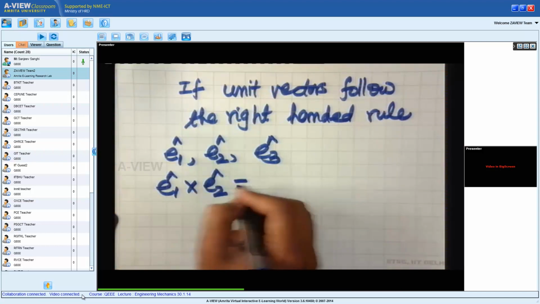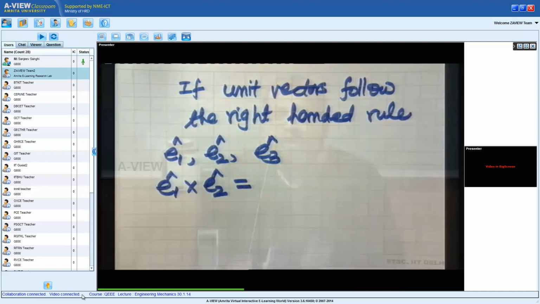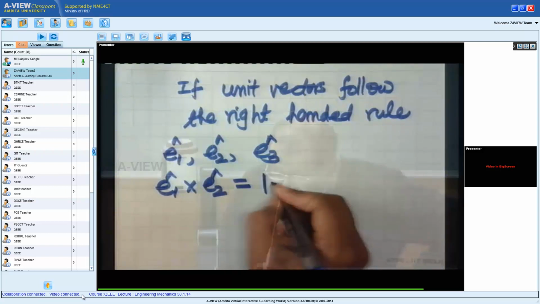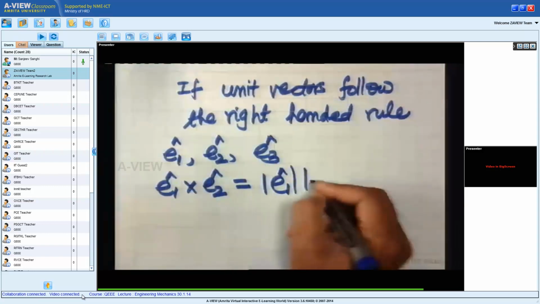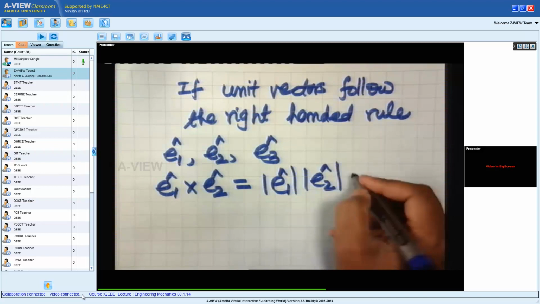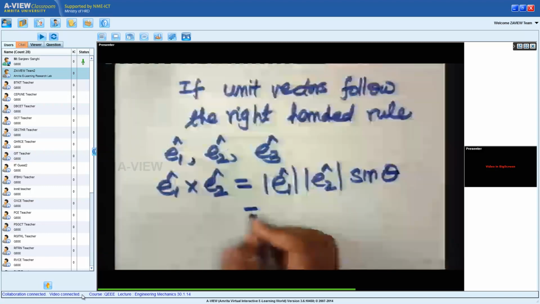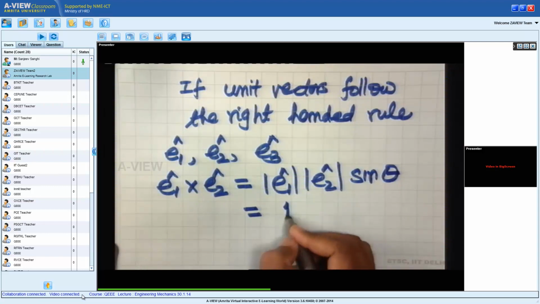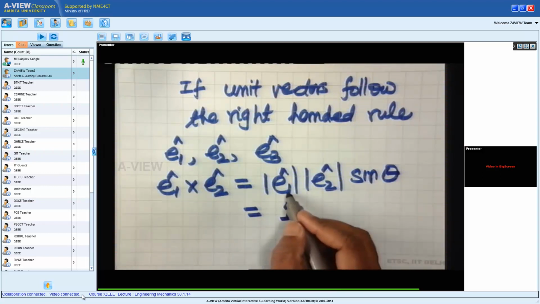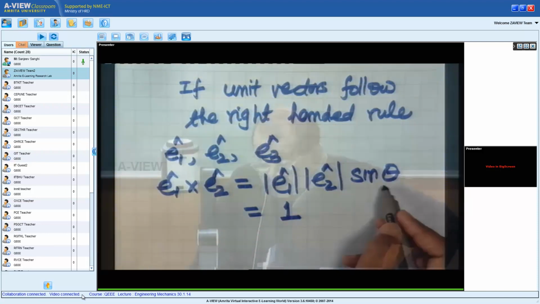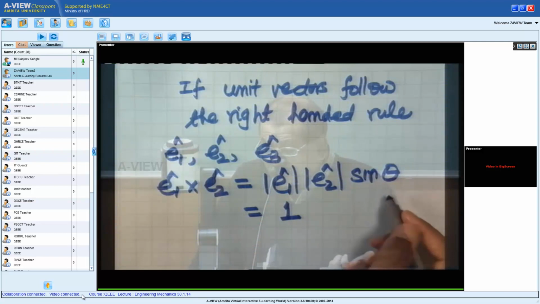E1 cross E2, now the cross product of E1 cross E2 will be magnitude of E1 times magnitude of E2 times sine of the angle between these two. Now, this has to be 1 because magnitude of E1 is 1, it's a unit vector. Magnitude of E2 is 1, it is a unit vector, and theta, because they are mutually perpendicular, is 90 degrees.